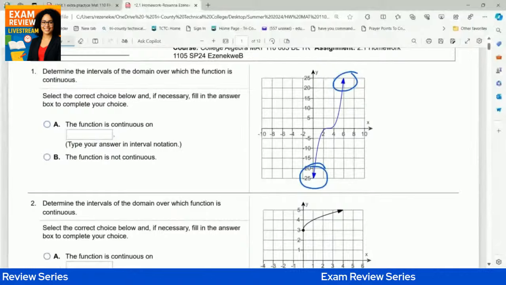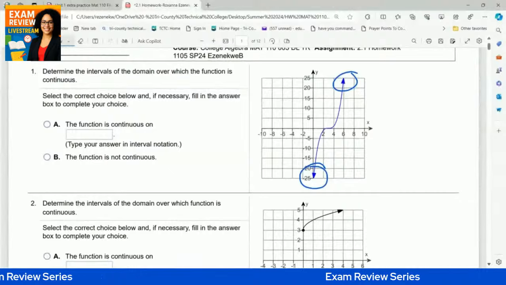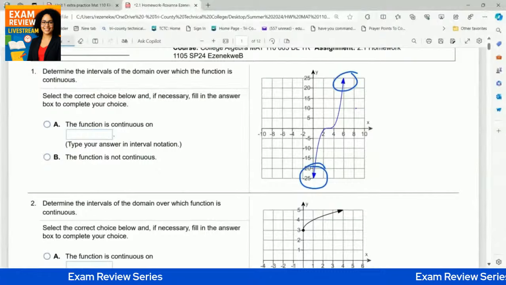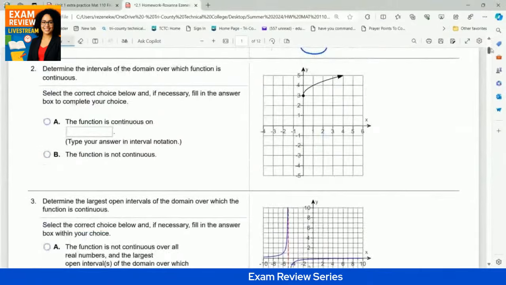So the domain will be all real numbers, from negative infinity to positive infinity. If it's asking you about the range, even though you think it's only in the first and second quadrant, you might as well say that the range is from negative infinity to positive infinity. You should be able to write it. These are the kind of questions you will see in this section.